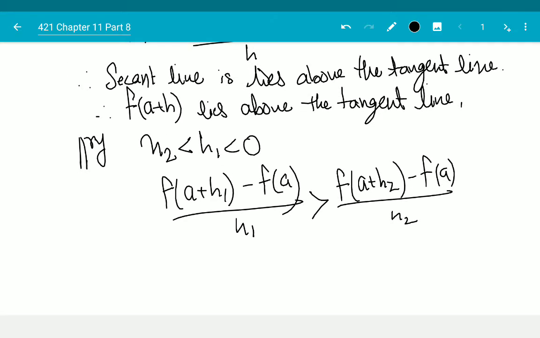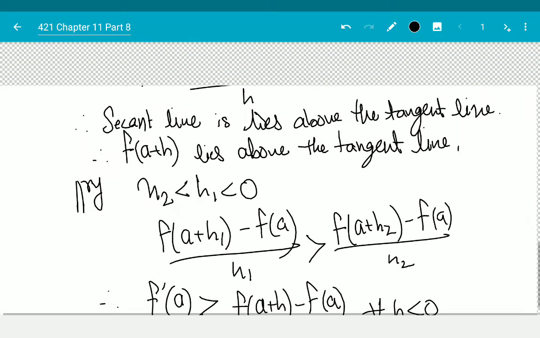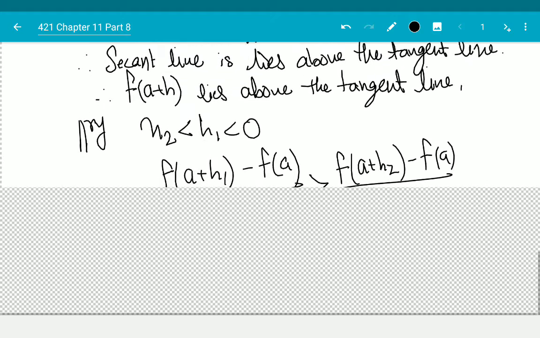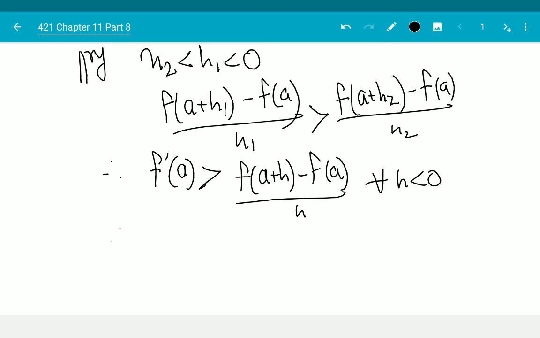Because f of a plus h1 is actually bigger than f of a plus h2, and therefore that means that the slope of the tangent line, which is f prime of a, is going to be bigger, not smaller, bigger than f of a plus h minus f of a over h for every h smaller than 0. Did I miss greater than 0 here? No. Okay.